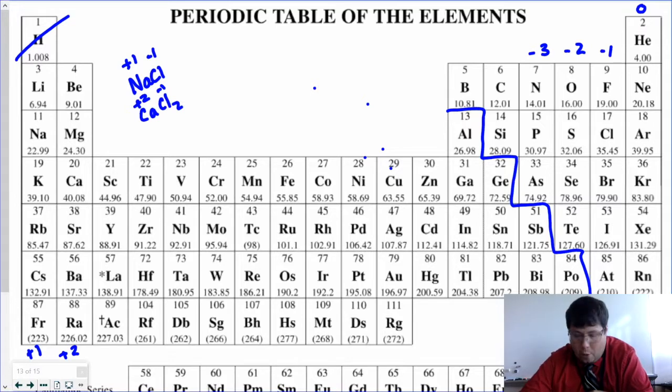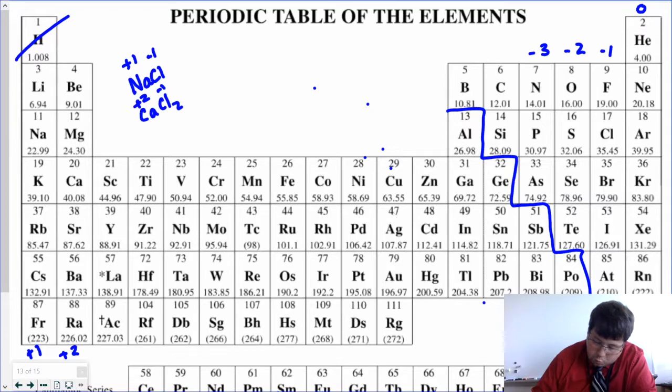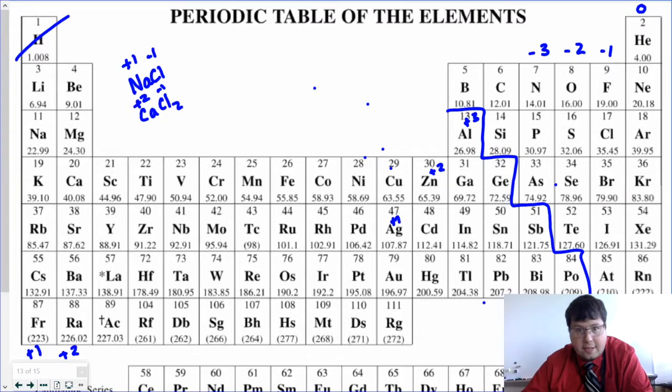So let's go over those real quick. They are silver, which takes a +1 oxidation state, zinc, which takes a +2 oxidation state, and aluminum, which takes a +3 oxidation state. It's nice because they form kind of a series here as you go diagonal up there with +1, +2, and +3.